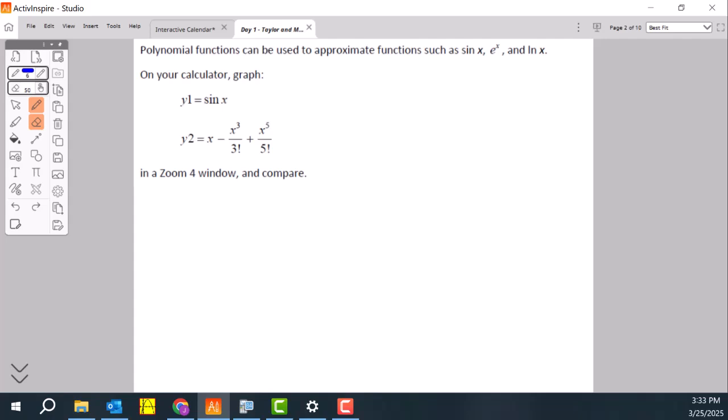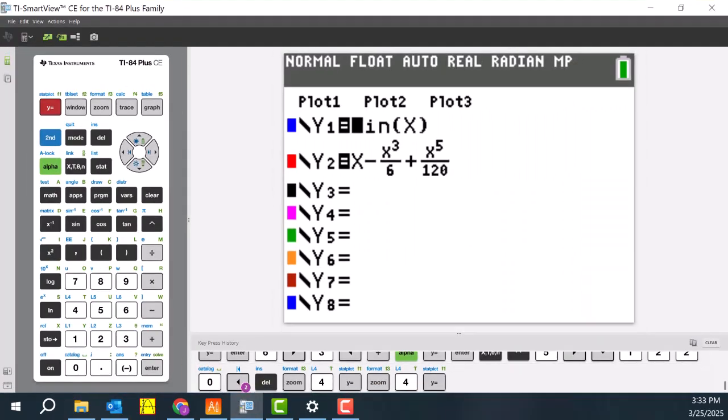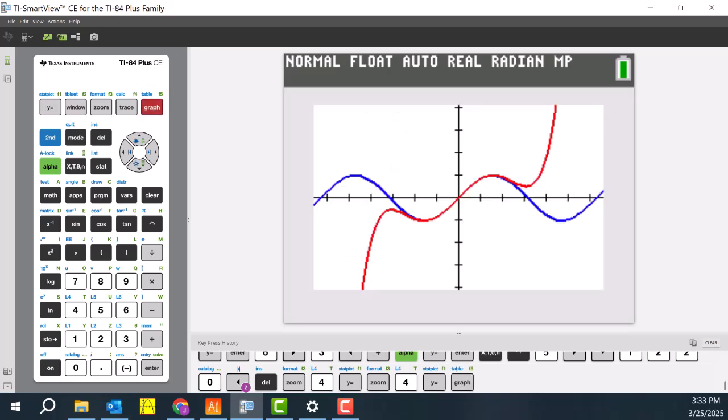You can go ahead and graph this, but I'll pull it up right now so you can see it. Okay, so here's the calculator and here's the graph. We'll notice that on this center segment here from about -2 to 2, these look like pretty close to matching models of each other, but as you get further away from that center, you start being less and less accurate of models.